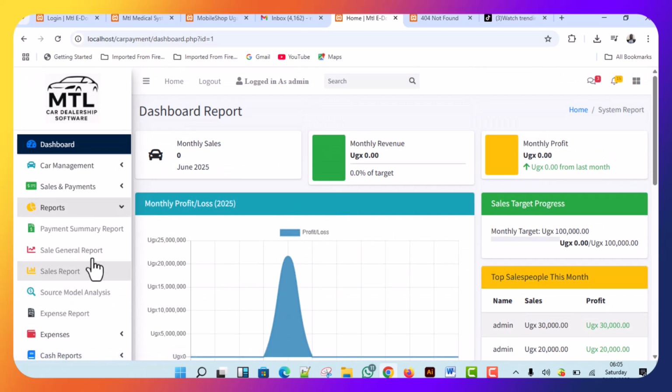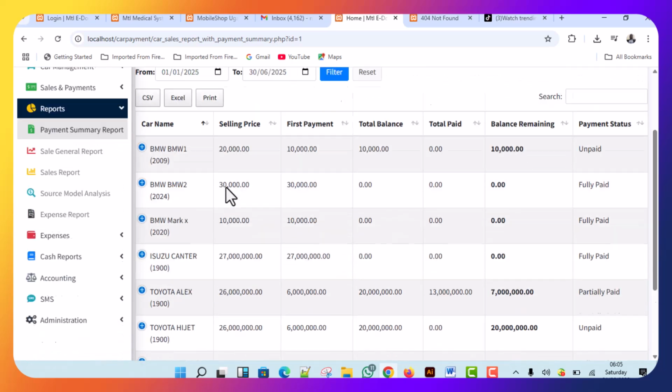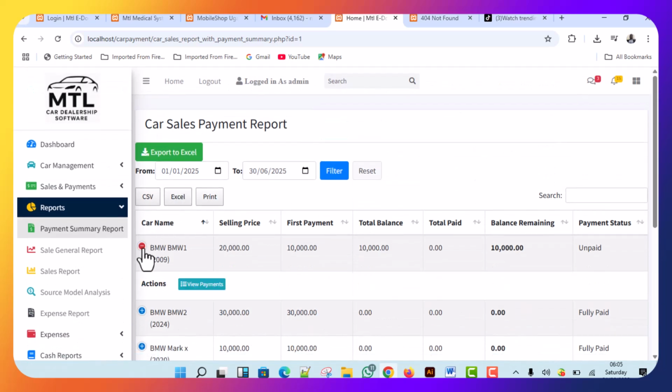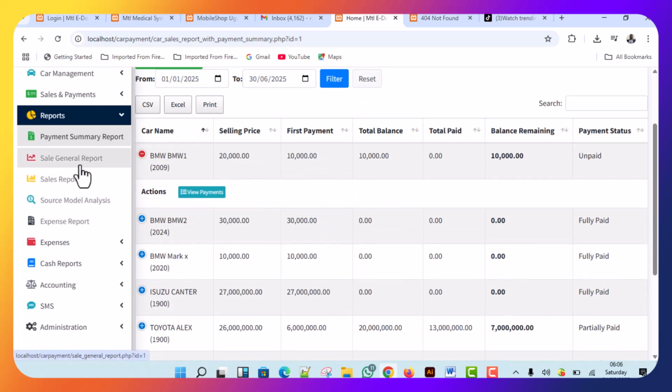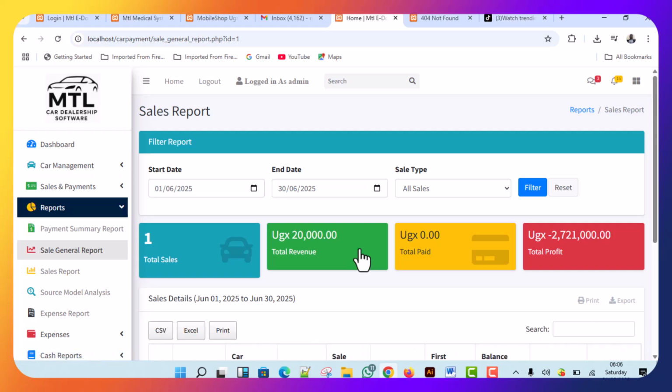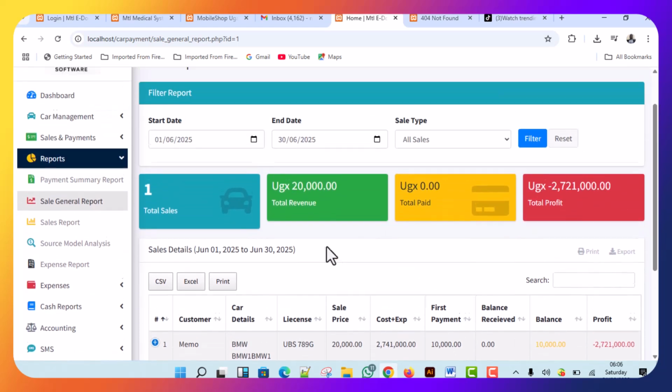Some reports. You have the payment summary report showing how the car is being paid, how much has been paid, what was the selling price, the first payment, the total paid, and the total balance remaining. This is the payment status. Then we have the general sales report, same as the other one but modified.